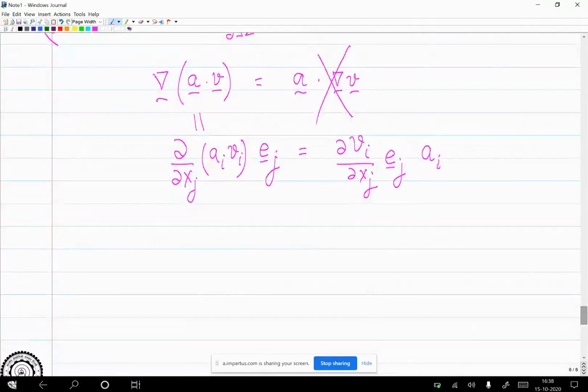Okay, now what can we do? Any idea what can we do now? I want to write it as something into A. I want to take that A outside. It becomes equal to grad V into A.